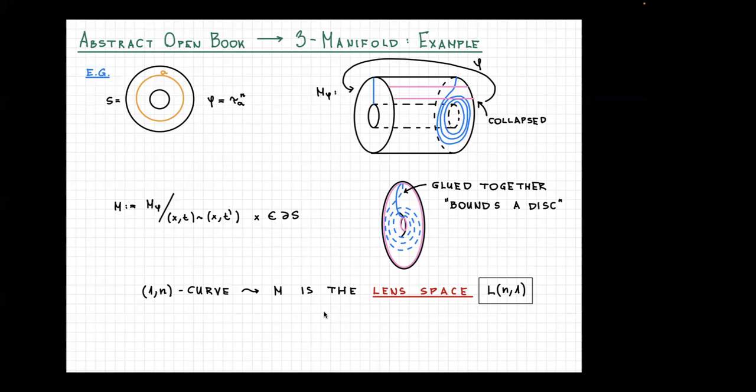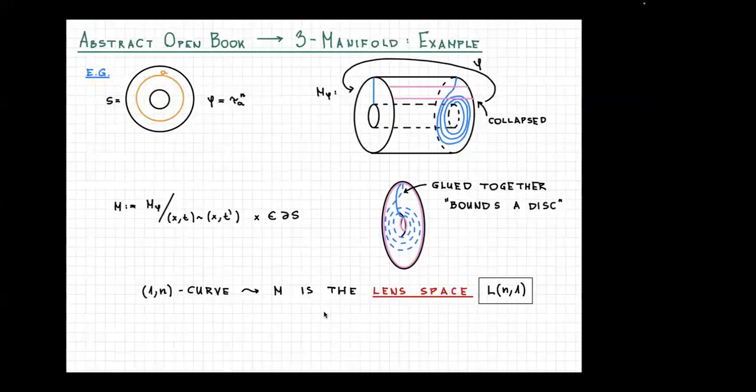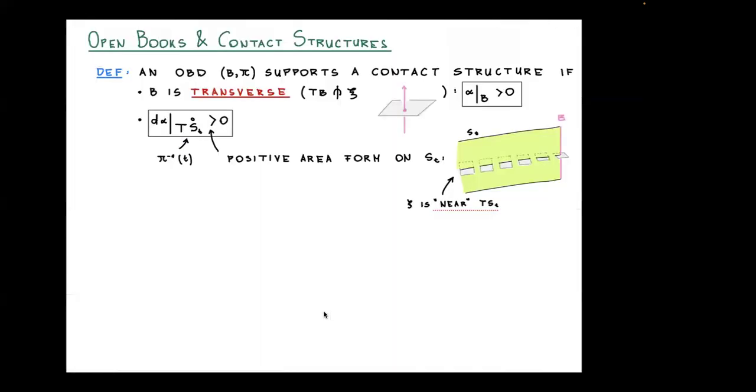Now I wanted to talk about how open books define contact structures, if you don't have any questions up to now. So here's the definition of what it means for a contact structure to be supported by an open book decomposition. Remember, an open book decomposition was a binding, which is an embedded one manifold, together with a fibration, and it is supporting a contact structure if the binding is a transverse knot.